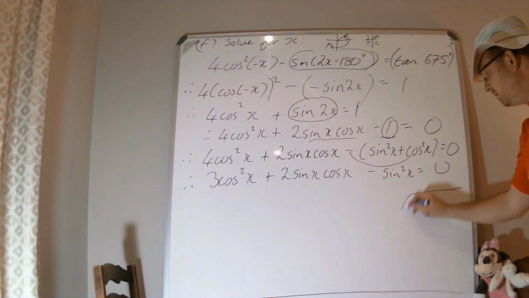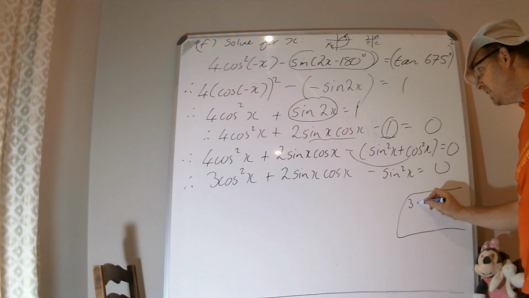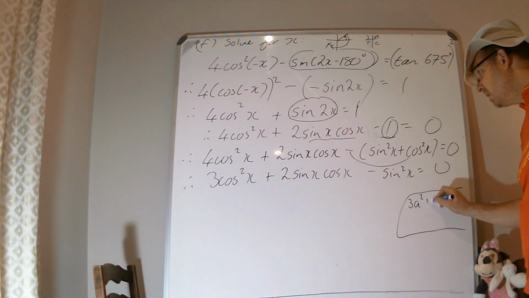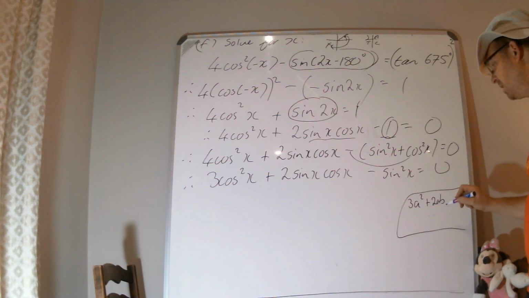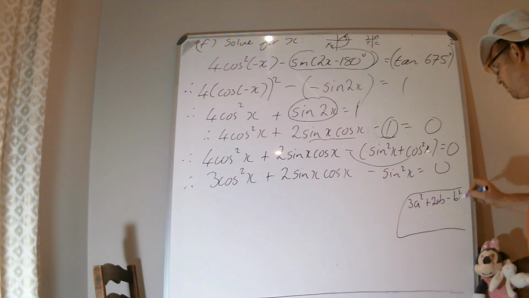So what do we do? You've got to decide, and you say, let cos x be a and sine x be b. So I've got 3a squared plus 2ab minus b squared. Could we factorize that?